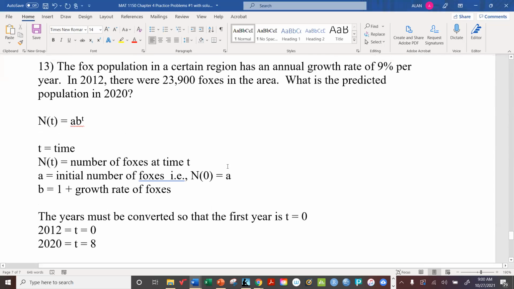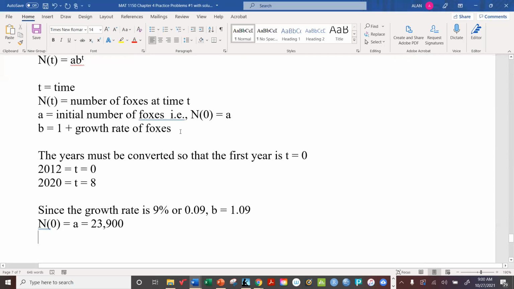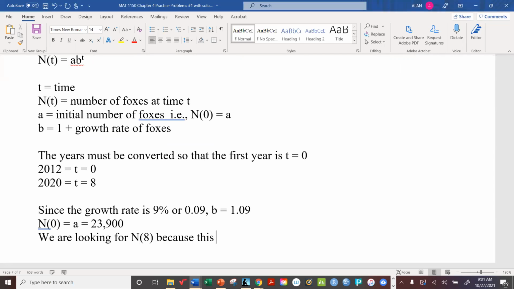What else do we know? We're looking for the predicted population in 2020. So we are looking for n of 8, because this represents the number of foxes in 2020.